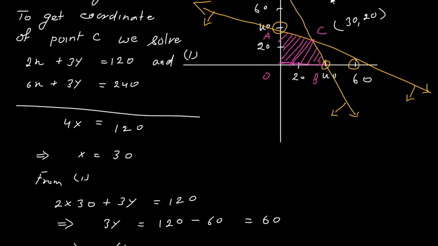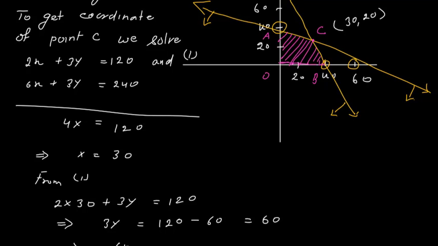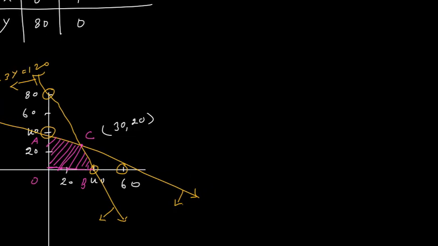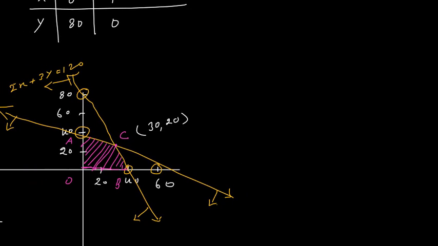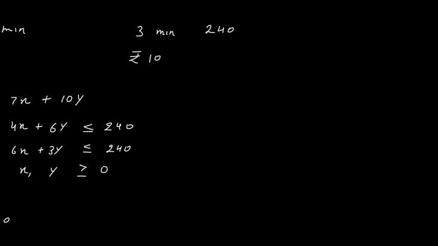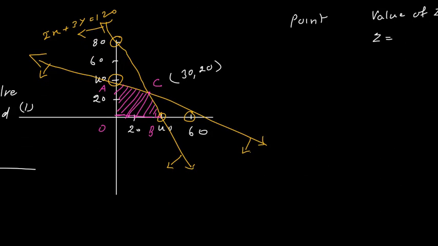Now to get the maximum profit, what next we will do? We will draw one table in which first column is point, second column is value of z. Now z is the formula we have to maximize, 7x plus 10y.